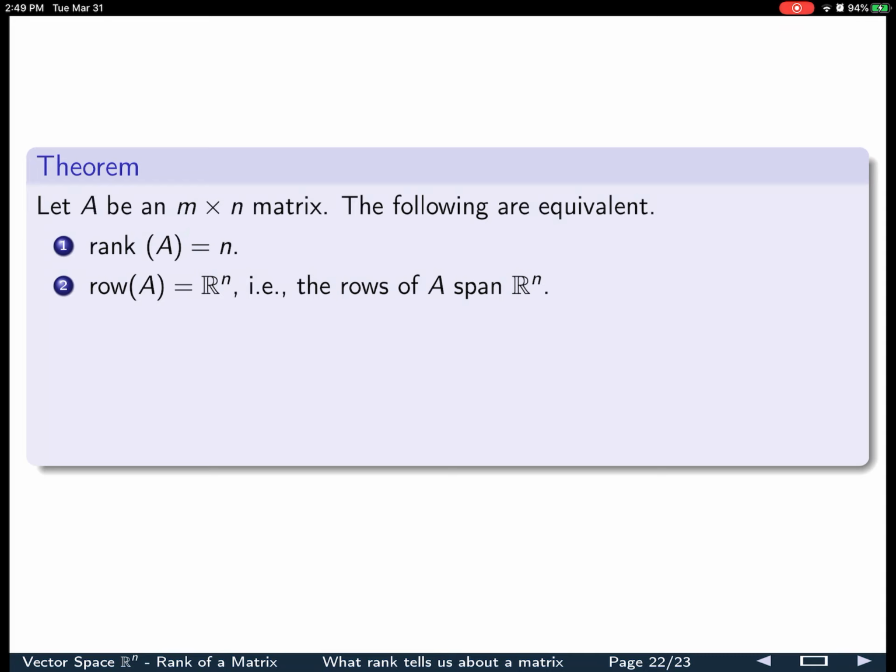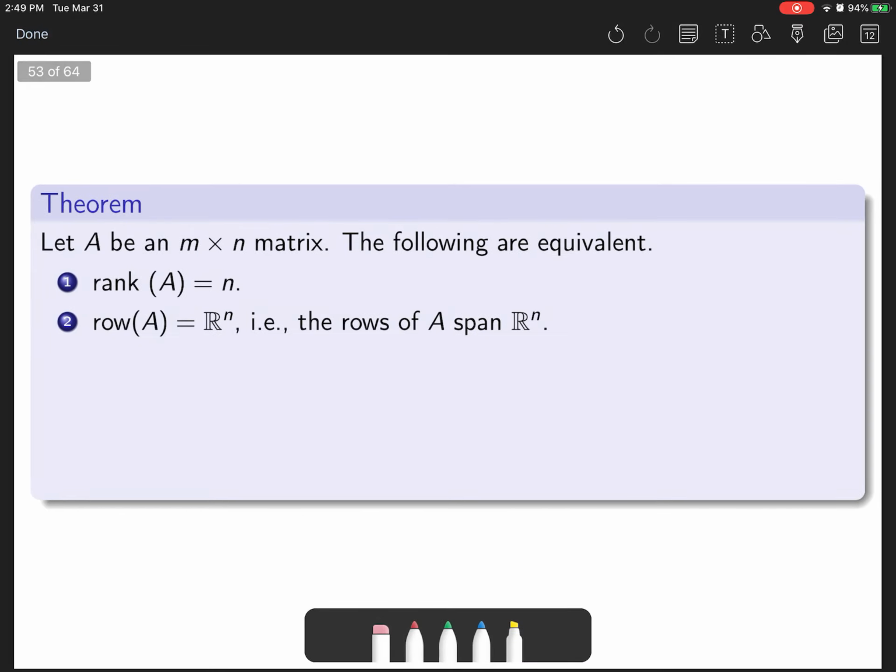Okay, in order to have the rank equal n, are we going to be working with a matrix that is tall and skinny or short and wide? Let's think about this.